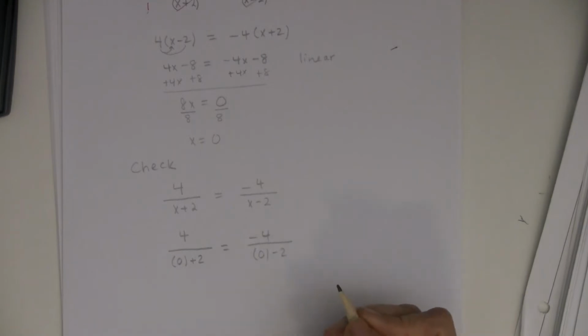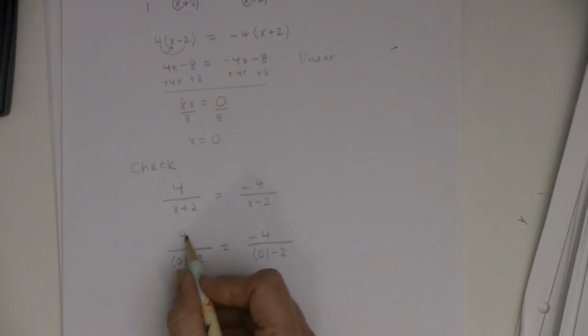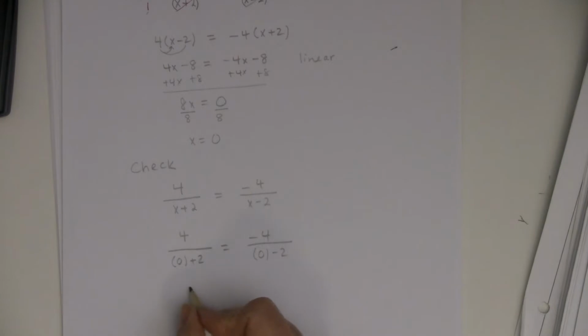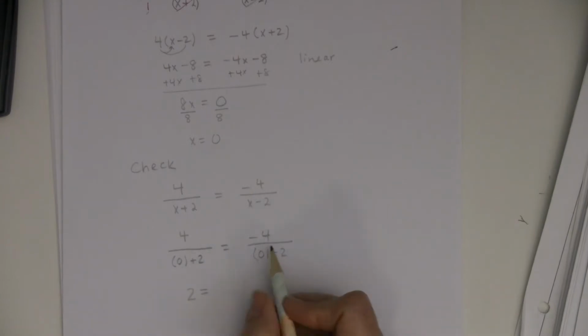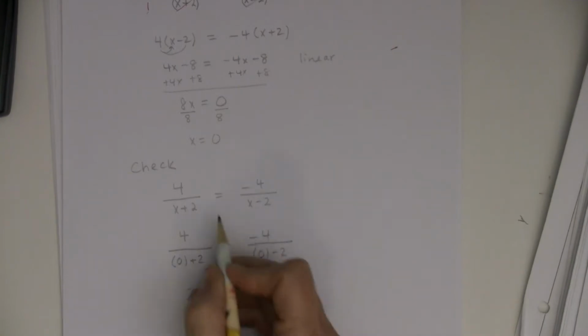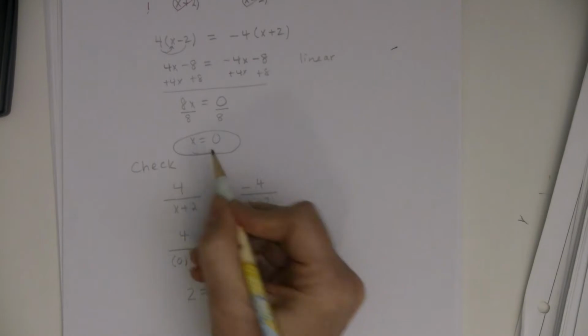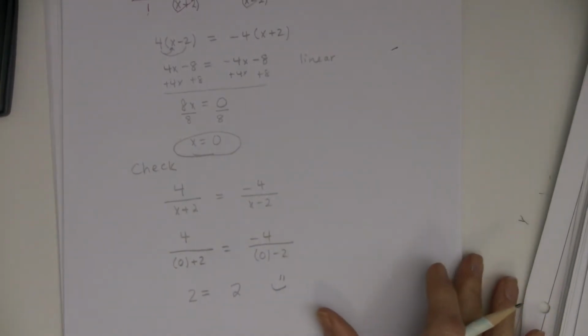And I want to check, does the left side equal the right side? So this is 4 over 2, which is 2, and of course you could use your calculator. And this is negative 4 over negative 2, which is also 2. And so we solved it. The answer is 0. And so that was 44, part C.